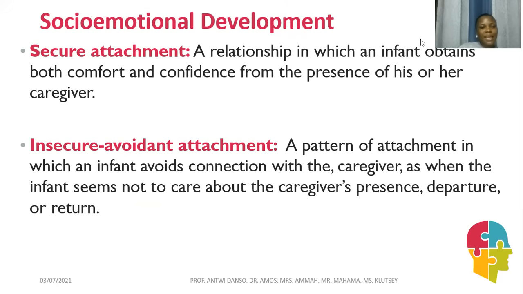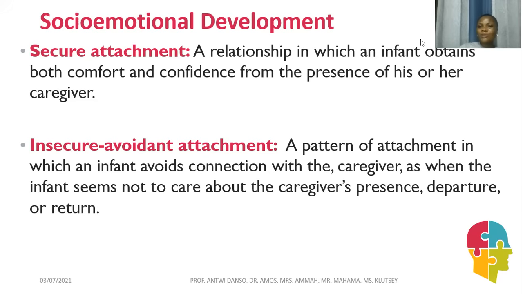moment. Then we have what we call insecure avoidance attachment, where the child does not have any connection with the caregiver or the primary caretaker, and so they avoid connection with their caregivers. So they don't even care if their mother is around or is not around. They are on their own.